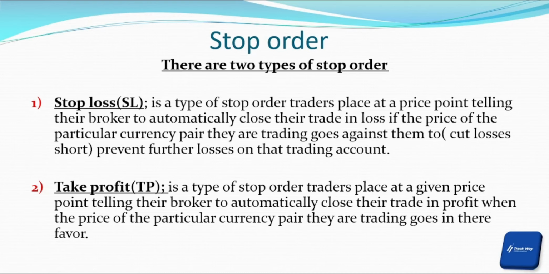The stop loss is an order you place at a particular price point, telling your broker to automatically close your trade at a loss if the market goes against you and hits that point.